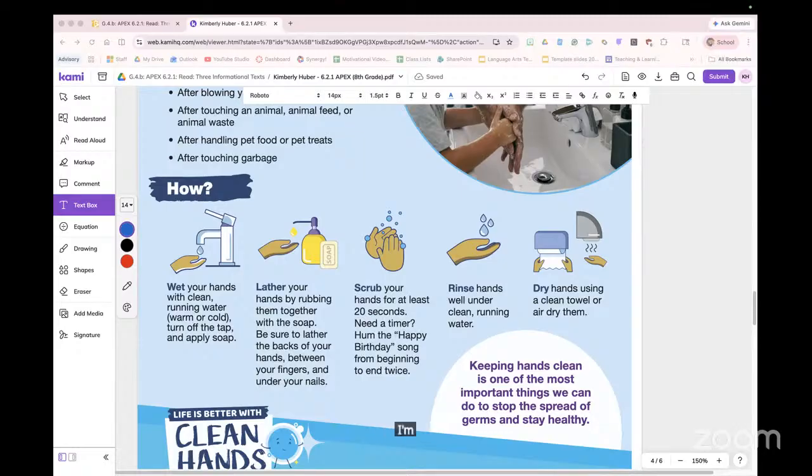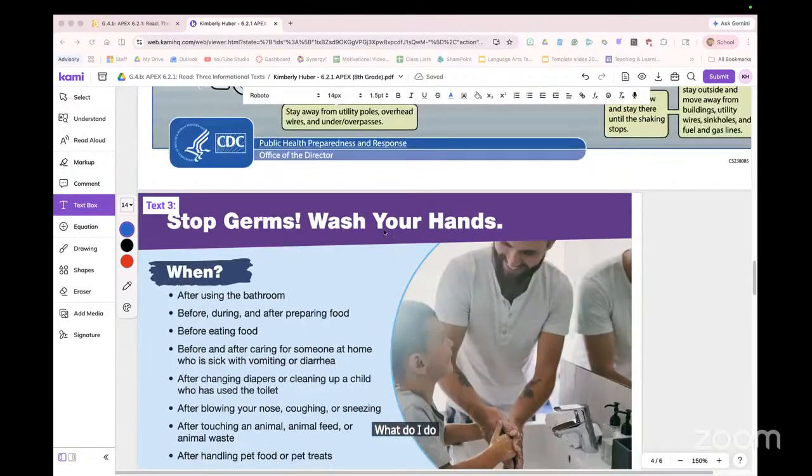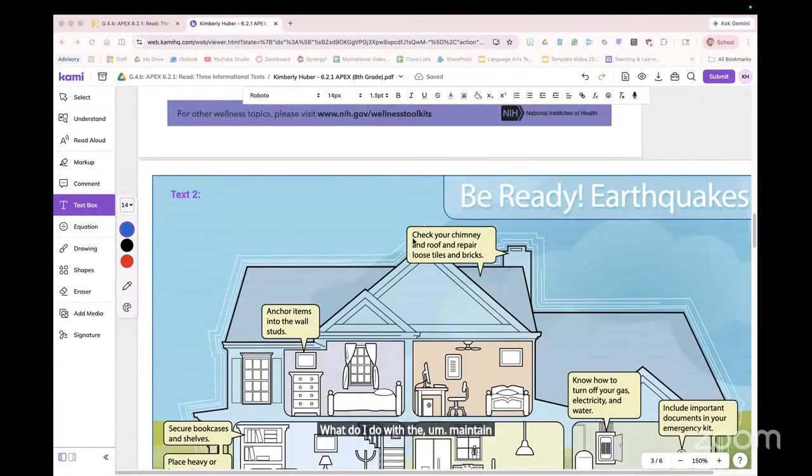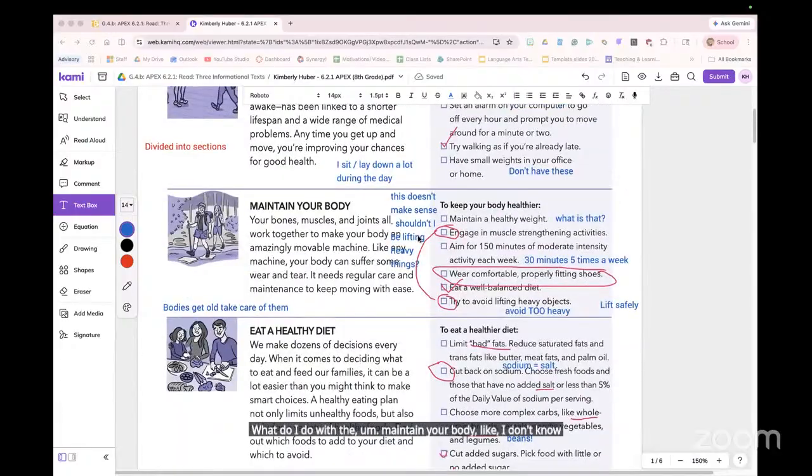I'm lagging so bad right now. But what do I do with the "maintain your body"? I don't know what it means.